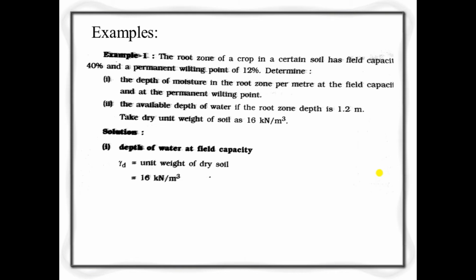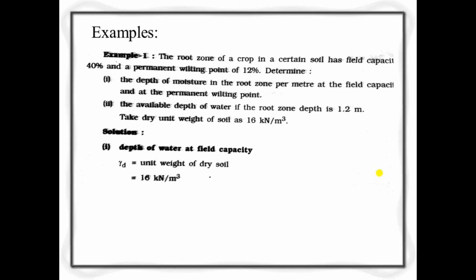We have to determine the depth of moisture in the root zone per meter at the field capacity and the permanent wilting point, and the available depth of water if the root zone depth is 1 meter. For that we take the dry unit weight of soil as 16 kN per meter cube.